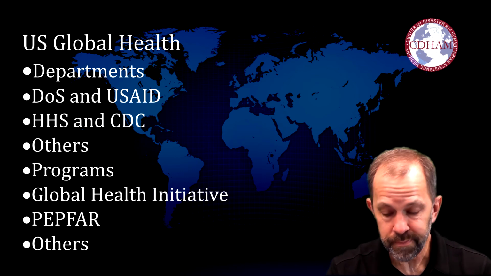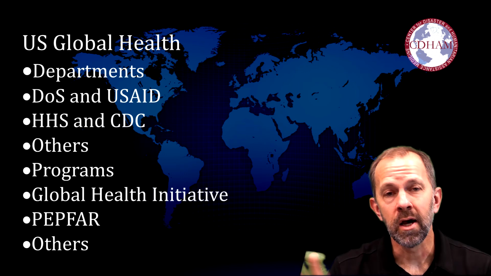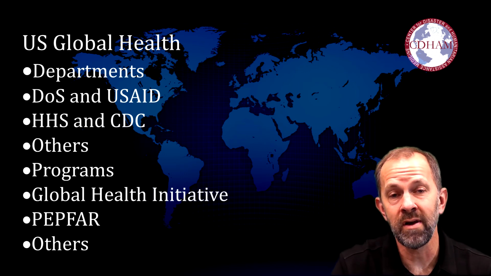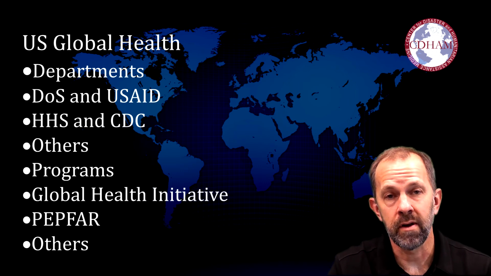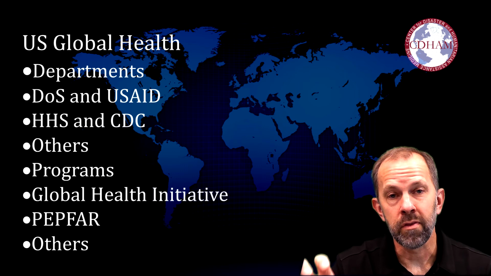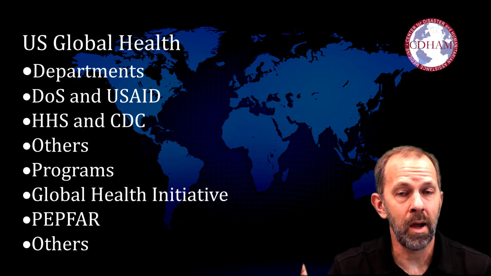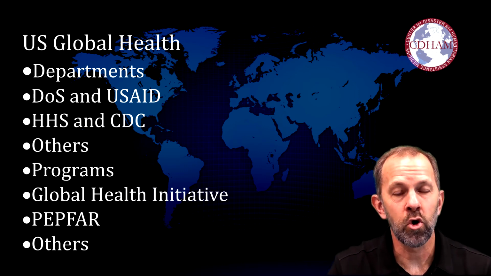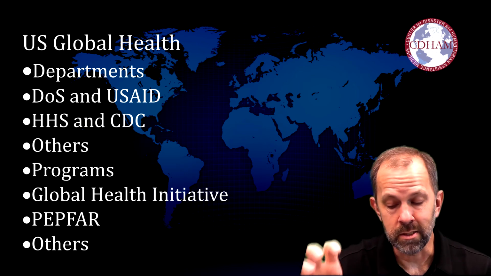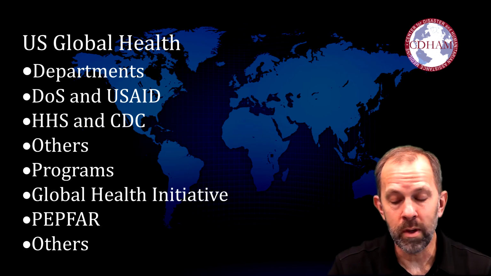And as we have departments, we have specific programs at U.S. government level that are really the source of funding, some very substantial funding that impacts health throughout the world. Global Health Initiative was established by President Obama with the thought that we are going to better coordinate and better plan our health initiatives. That is, I think, an ongoing and growing process.